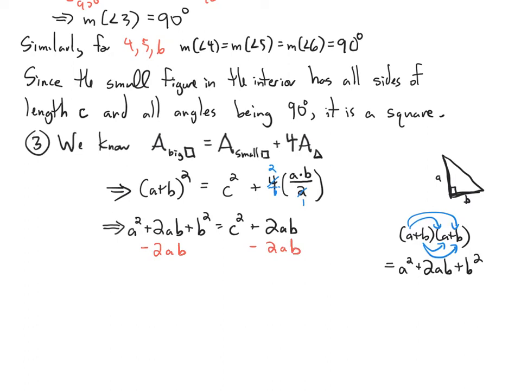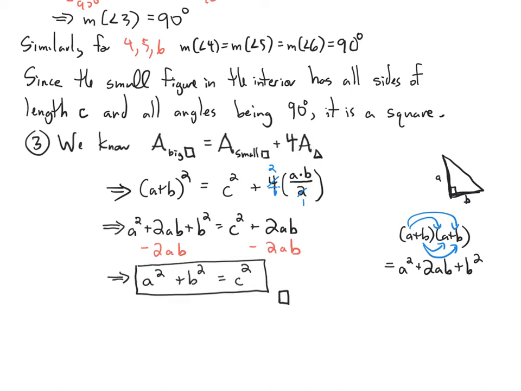And what do I have on my left-hand side? I have a squared plus b squared. And on my right-hand side, I just have c squared, which is exactly what I wanted to show. And we're done.